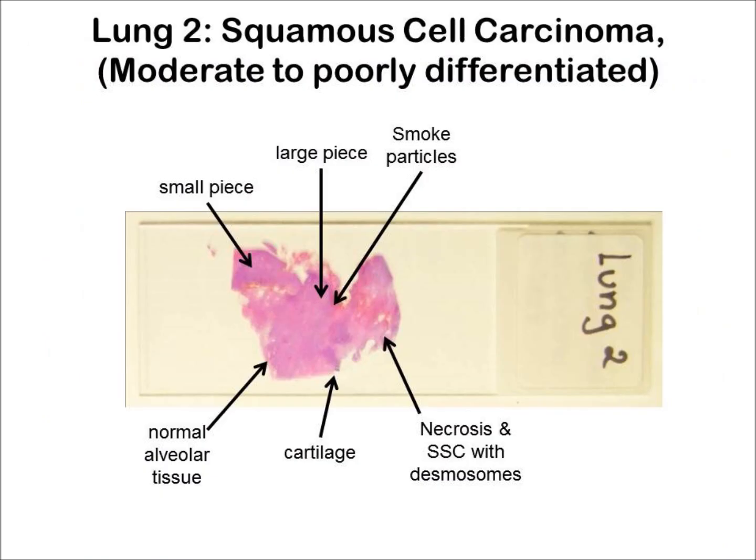Move on now to the slide labeled Lung 2 that contains squamous cell carcinoma. Carefully examine this slide by eye and observe that it actually contains two separate fragments that are closely opposed to each other. They are separated from each other by a small gap that contains a brown staining material that was used during surgery as a disinfectant called Wescodine.